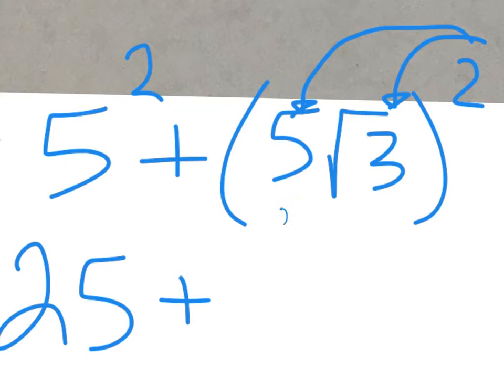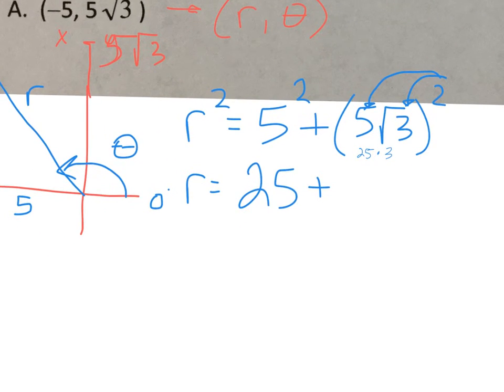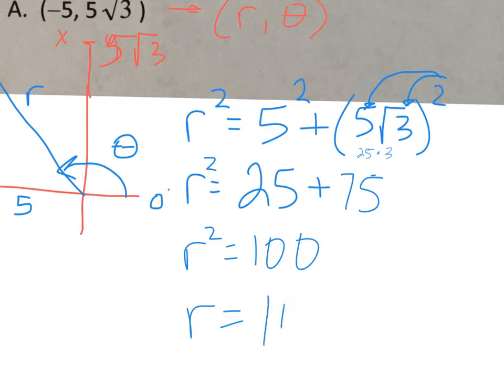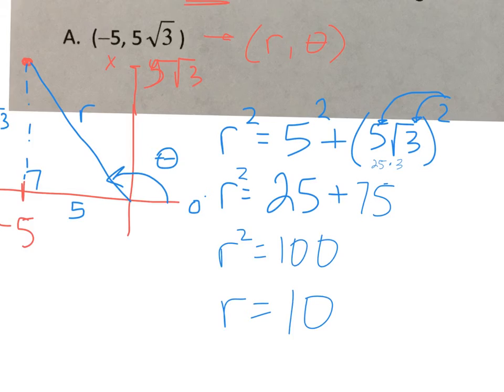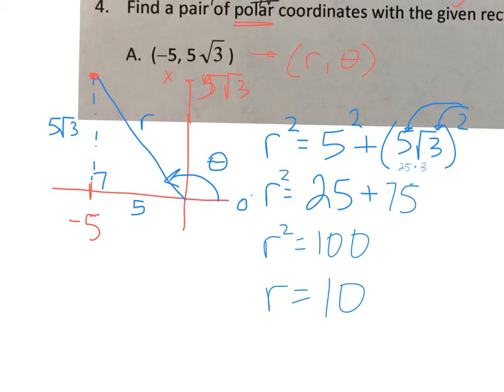Okay, 5 squared is 25, root 3 squared is just 3, so 5 roots of 3 squared is 75. So r squared is 100, so the radius is going to be 10. So this point is 10 units away from the origin.